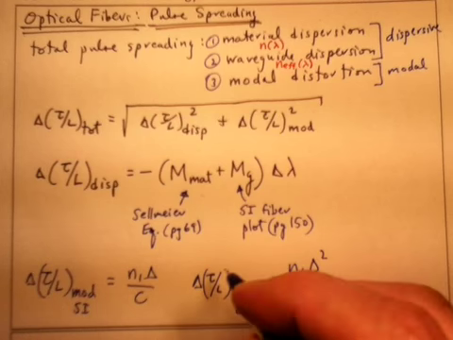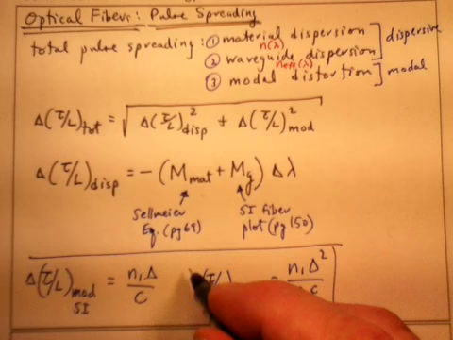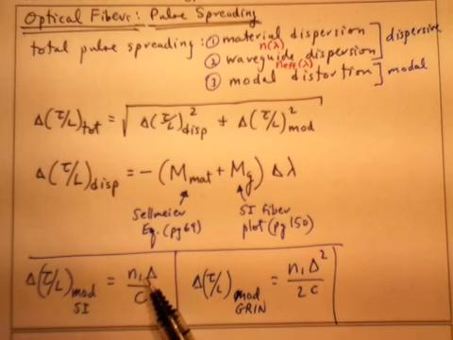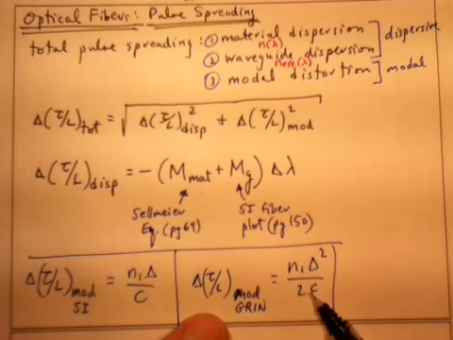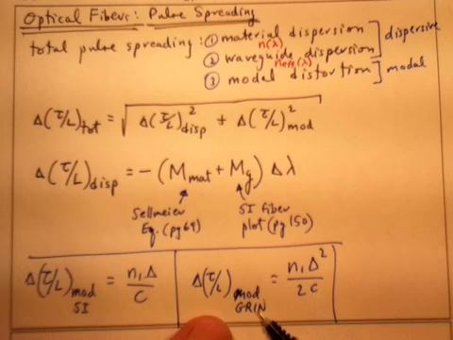Okay, so these two equations are important. This first one we had back in Chapter 4. It was just given to us. And here in Chapter 5, they just give us the equation for the GRIN.